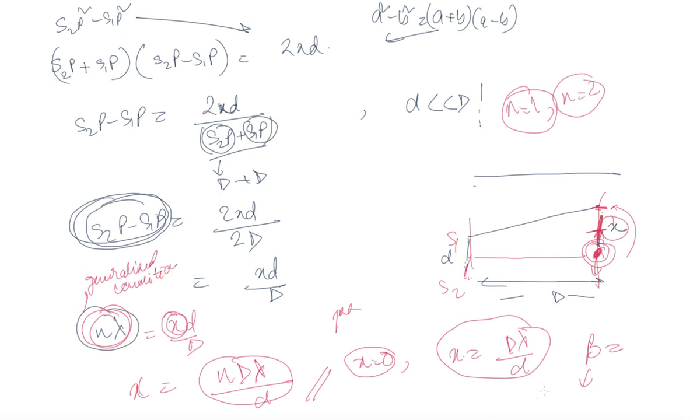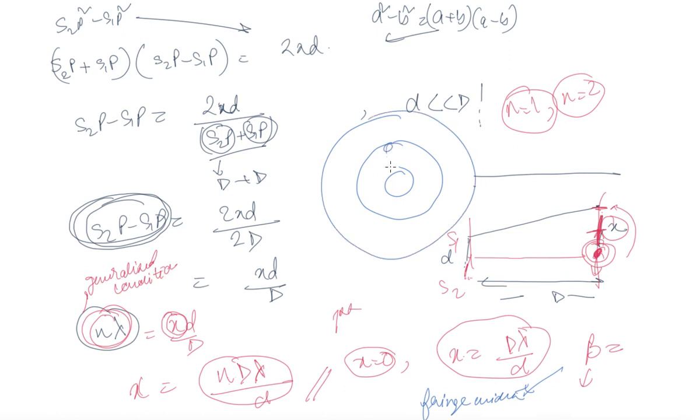Let me define it. So what is the width of the fringe that we want? Take n equal to 2 and n equal to 1 and subtract, you will get the distance. So fringe width is given by D lambda upon d.